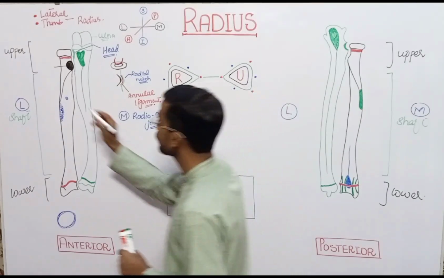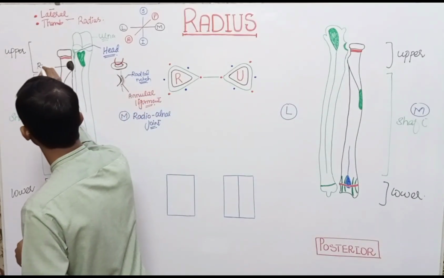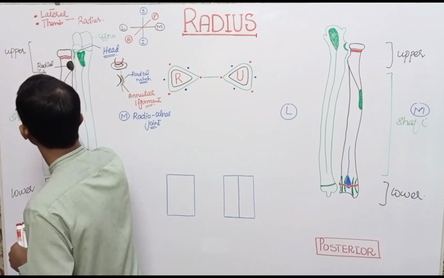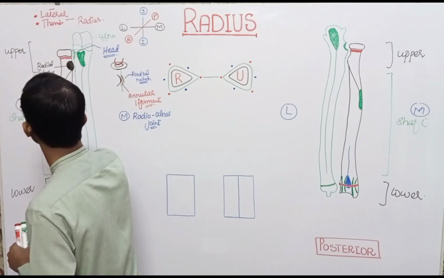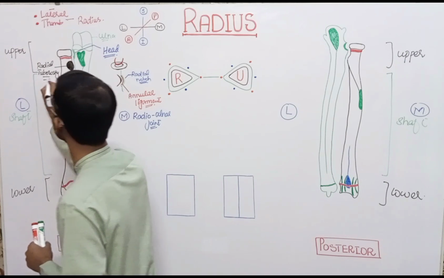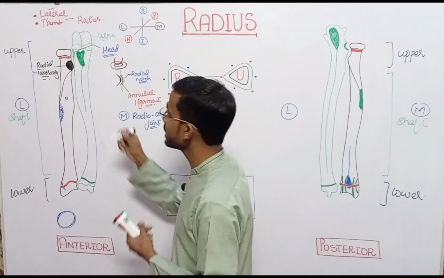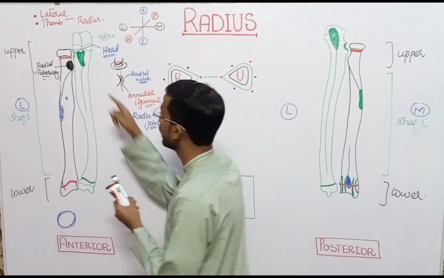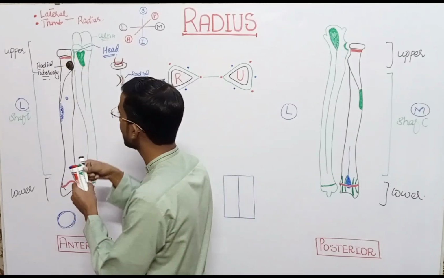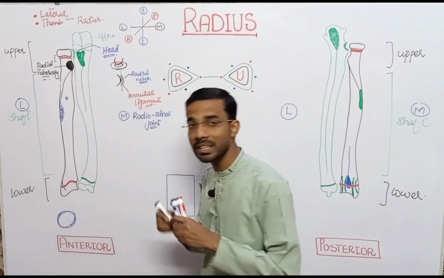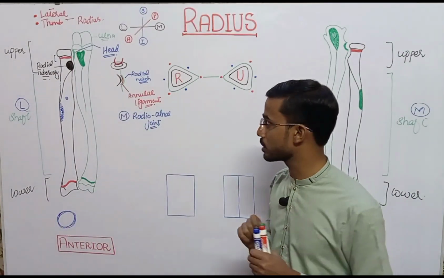Next thing which you see is the radial tubercle, this region, which is actually the radial tuberosity. This is present below the neck region. First you will see the head, second the neck region, and last, below the neck, you will see the radial tuberosity.